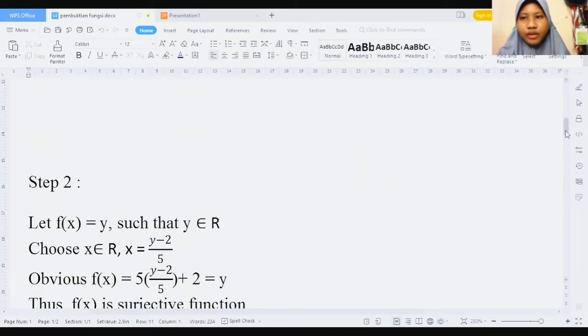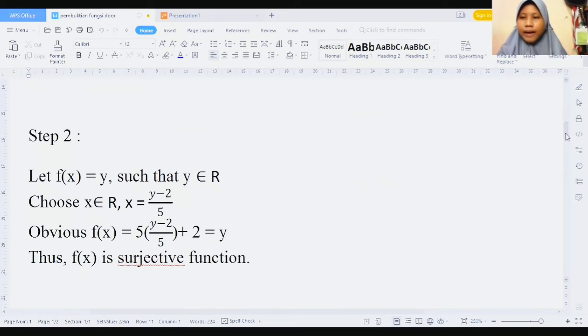Step 2, we check whether the function is surjective or not. From the definition, we have a function f(x) equal to y such that y element of R. So we can choose x element of R where x is equal to (y minus 2) divided by 5. Obviously, f(x) equals 5 times (y minus 2) divided by 5, plus 2, is equal to y.